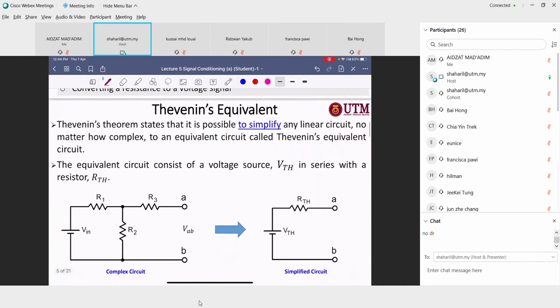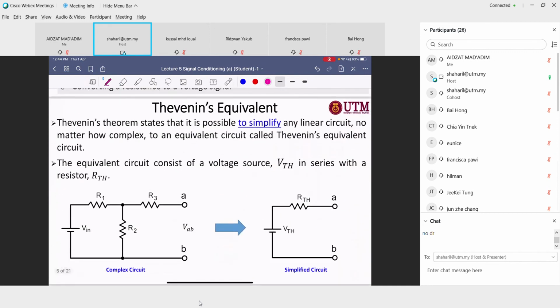Okay, all right. Before we go into detail about signal conditioning, there is one concept that will be useful for you if you play around with electronic circuits. That concept is called the Thevenin equivalent.